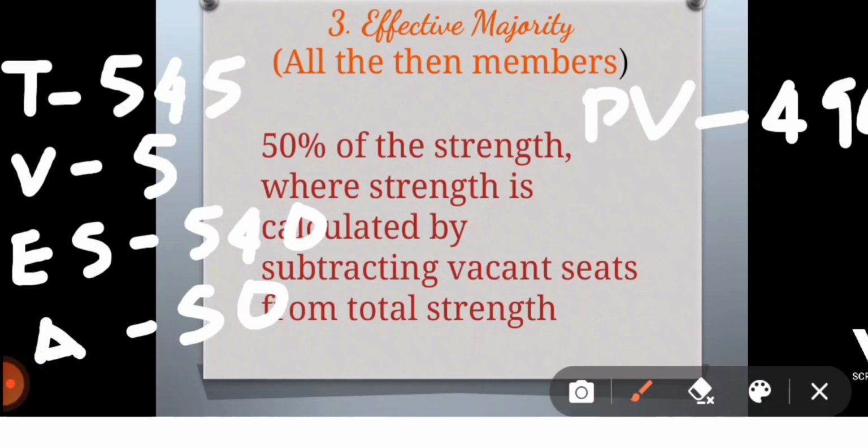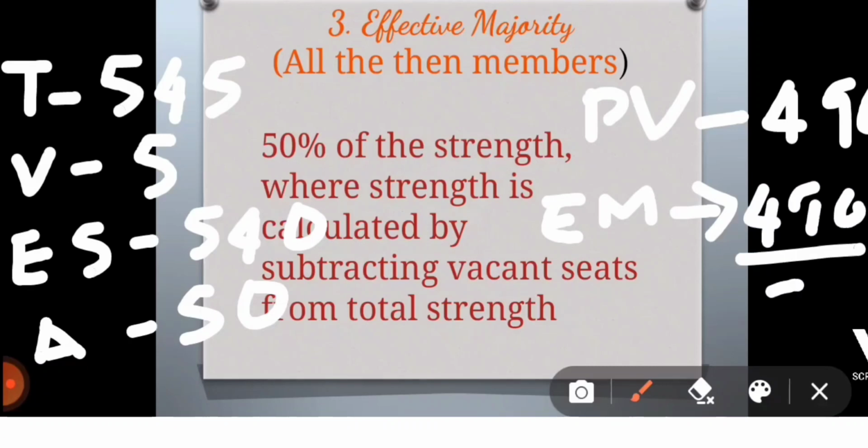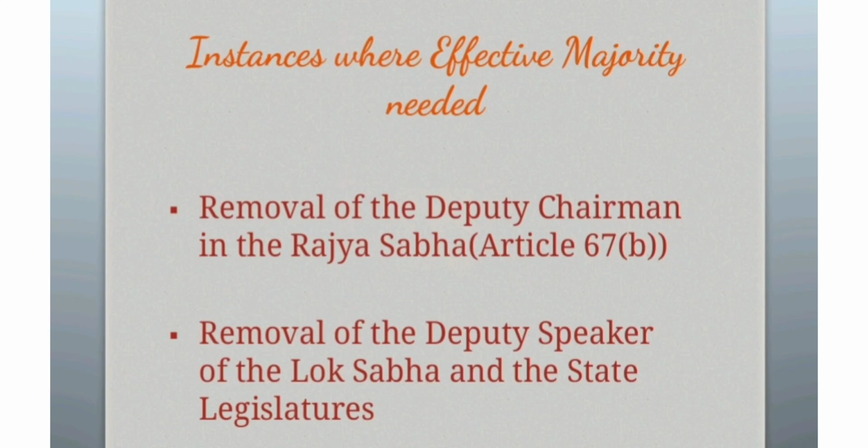So the effective majority will be 490 by 2, that is 50% of 490 plus 1, which is 246. Hope you all understood. In the Constitution, effective majorities are needed for removal of Vice President, Deputy Chairman of Rajya Sabha, Lok Sabha Speaker and Deputy Speaker. This is all about effective majority.